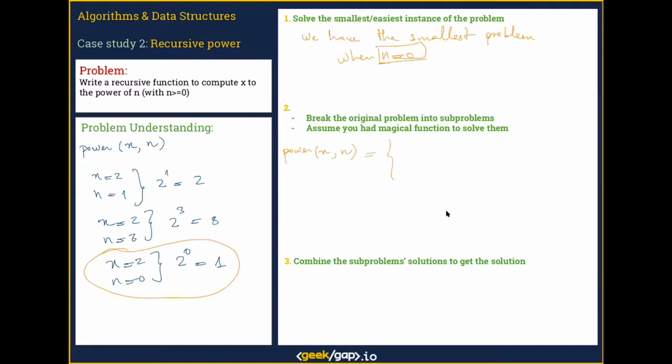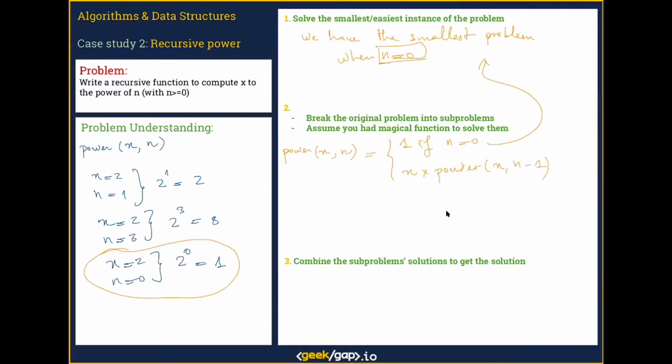We already have our base case above. We can say it's equal to 1 if n equals 0 from our base case here, and it's equal to what? x times power of x and n minus 1.